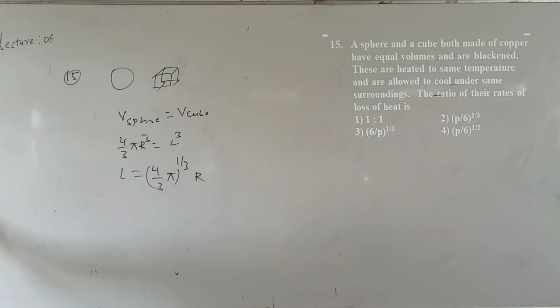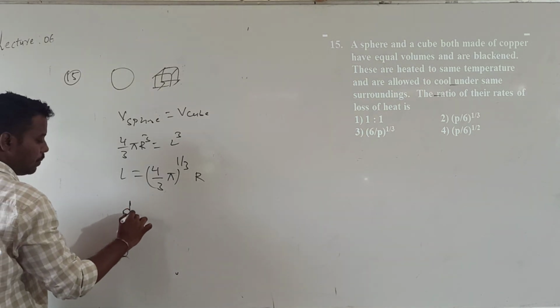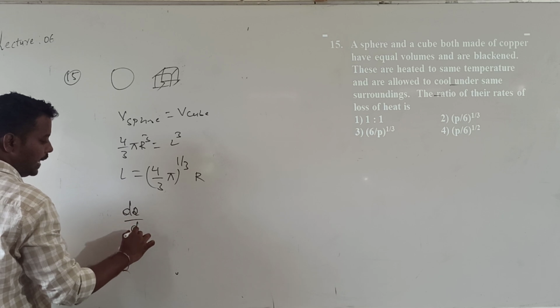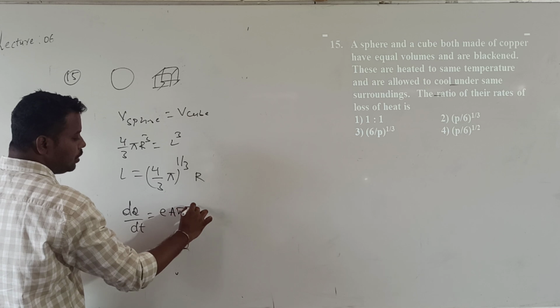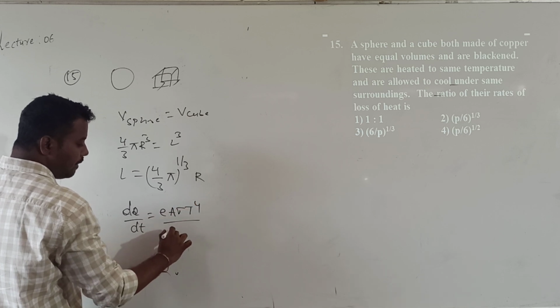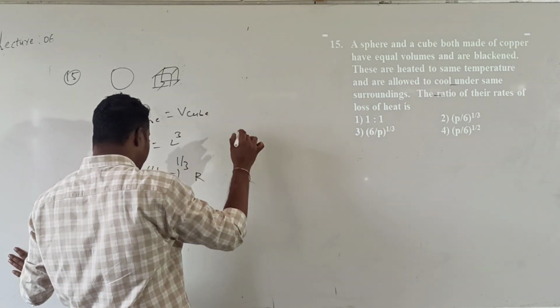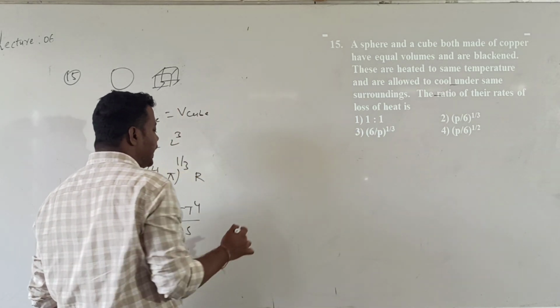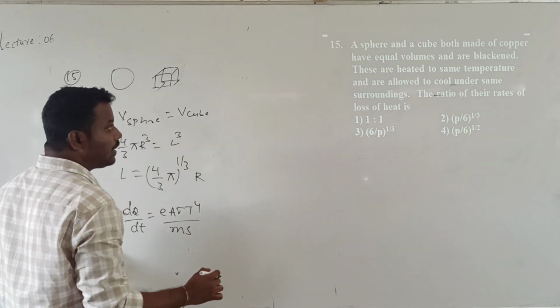What are they asking us to calculate? What is the ratio of their rate of heat loss? What is the rate of heat loss formula? So dq by dt value is given by E into A into sigma into T power 4 by m into s. So we know this. Can I call this rate of heat loss E? Then what are the factors?